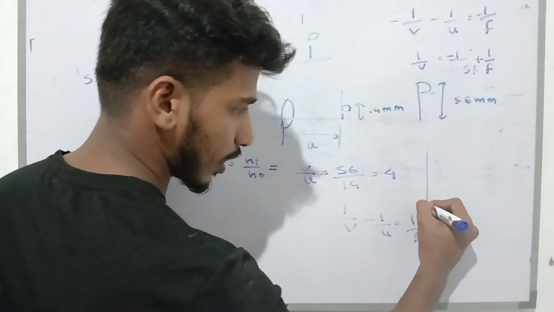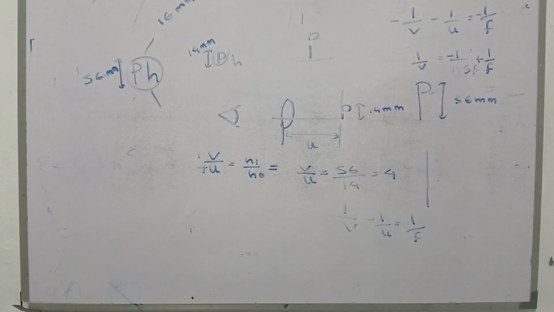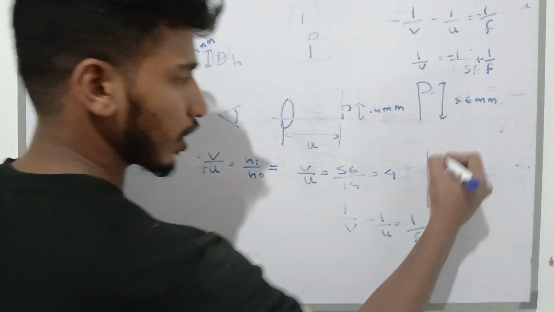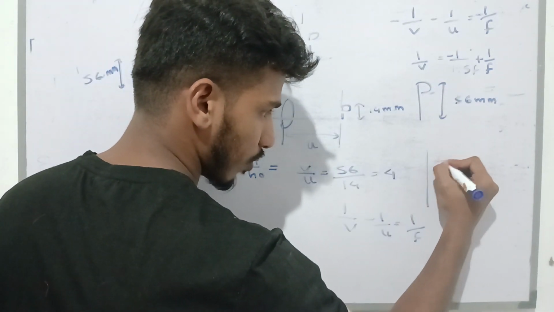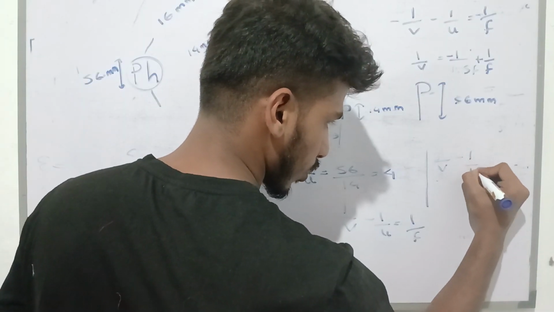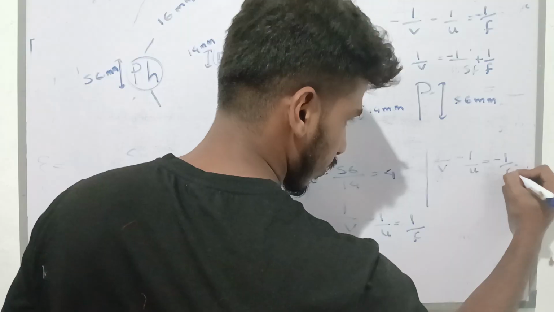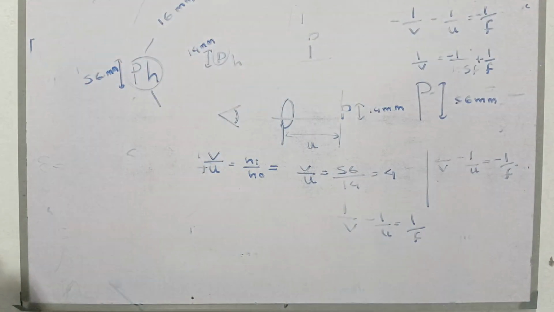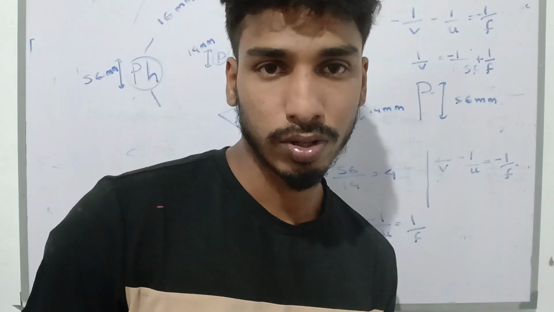If I write it here, we'll be having a virtual image: positive 1 over V minus 1 over U equals minus 1 over F. So my V is unknown, okay? Now see what I'm going to do.